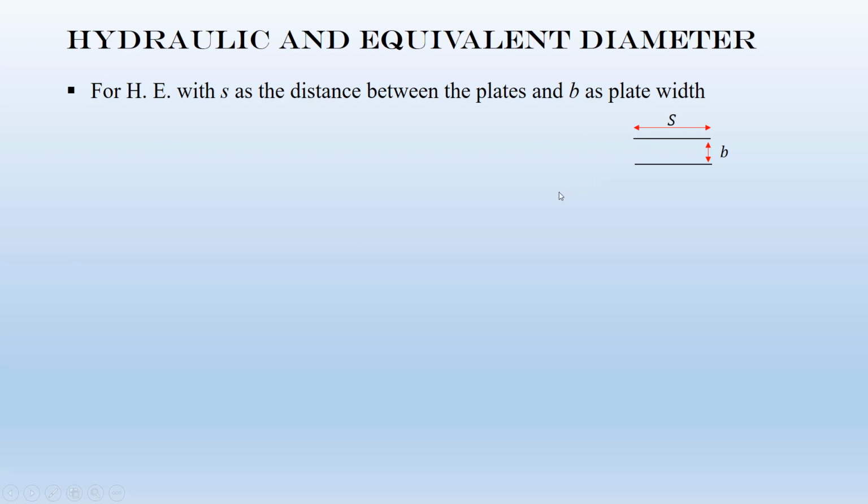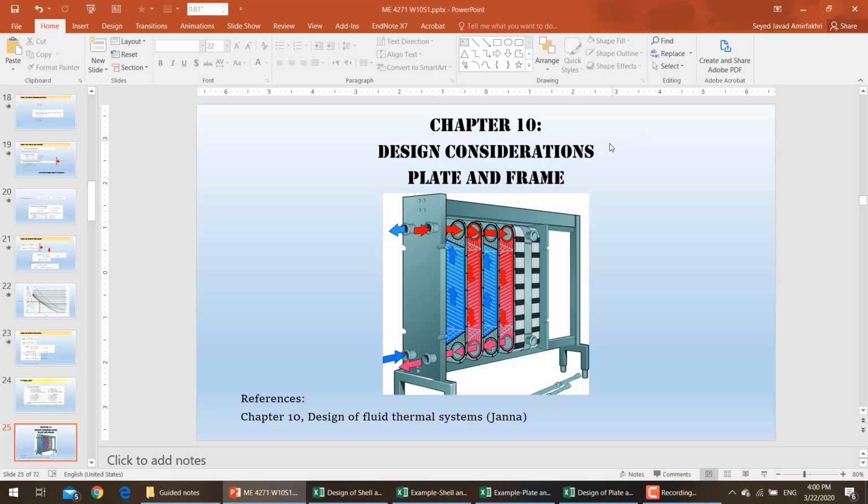Actually, I made a mistake here. I need to just fix it, guys. If we assume that B is the width of the plate, let's just correct it right now.